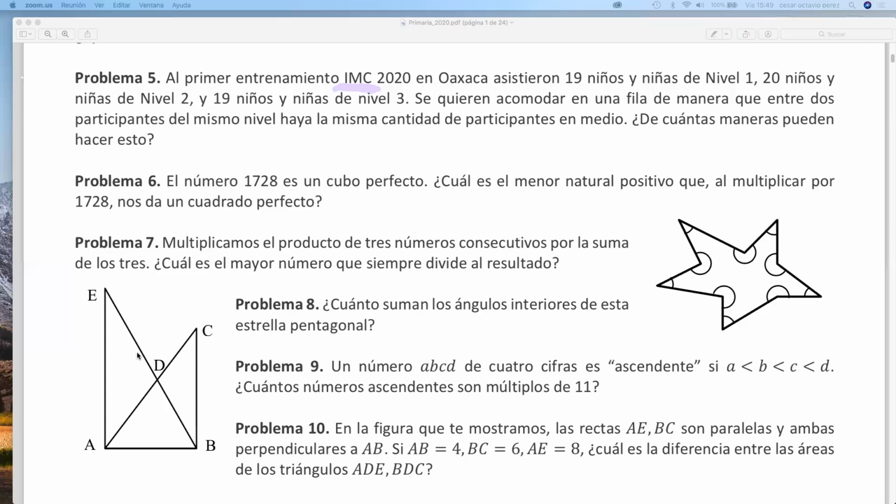It says that in the first training for Oaxaca, which is a place in Mexico, a state and also a city, we are going to train the students, and in this training 19 children, boys and girls, of level 1 attended.